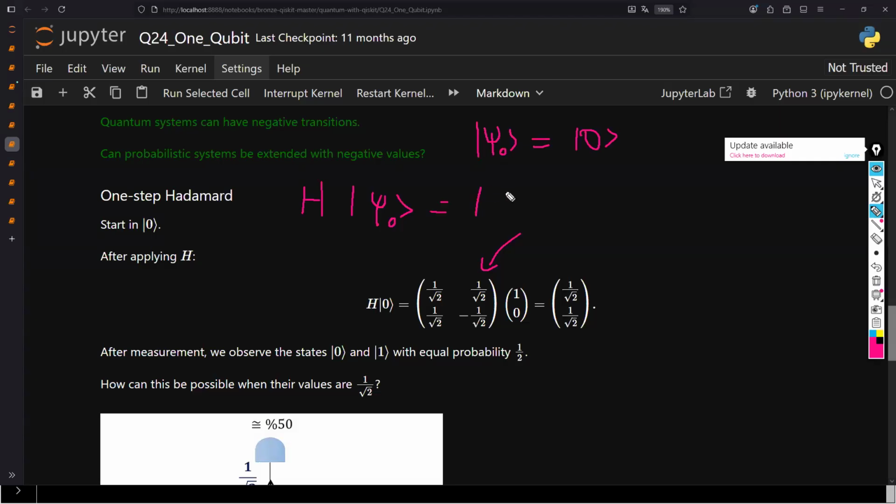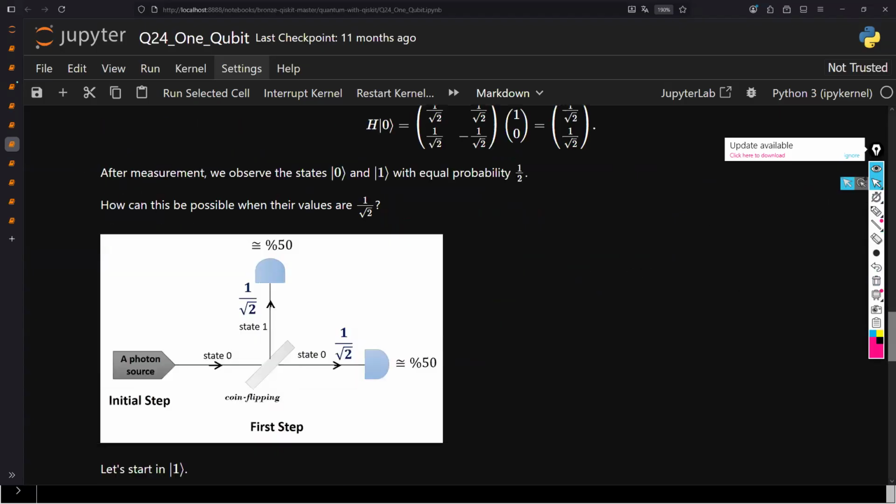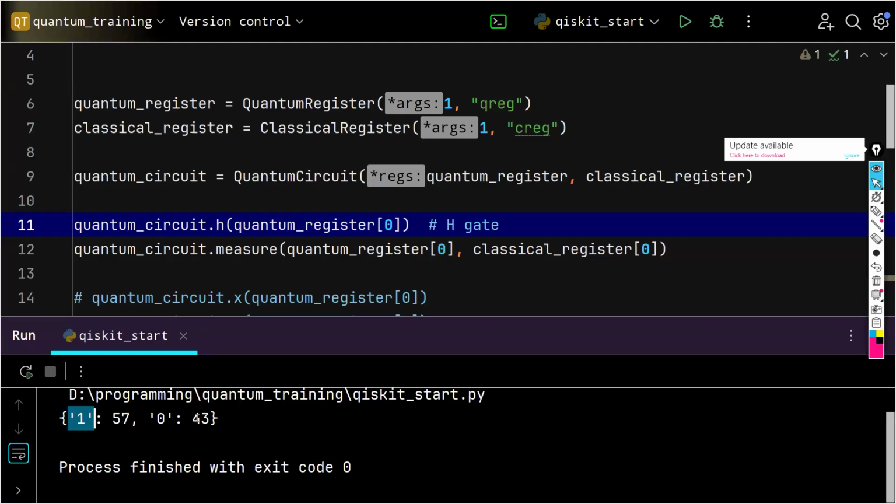We obtain some state c1, which in this case is 1 over square root of 2, 1 over square root of 2. And this is exactly this result. And as we have shown previously in PyCharm, this is what we end up with, right? These counts do add up to 100, but they are distributed between the result 1 and result 0 that we observed during measurement.